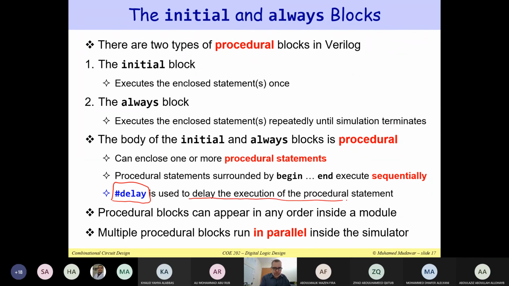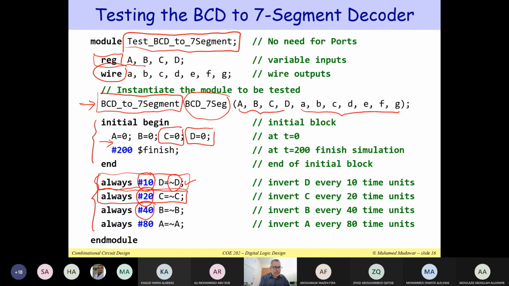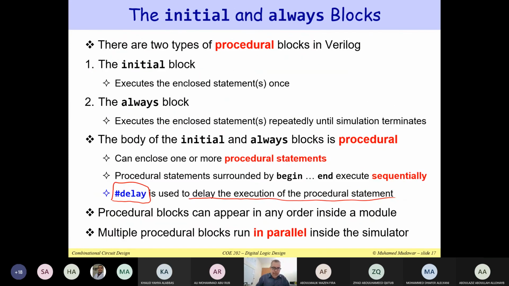So you can have multiple statements inside initial block. You can have multiple statements inside the always. So you can surround them by begin and end. So here we had 4 always statements. Each one had only one statement. That's it. And you can have multiple procedural blocks, multiple always statements that can run in parallel inside the simulator.